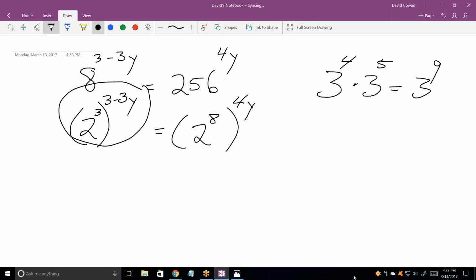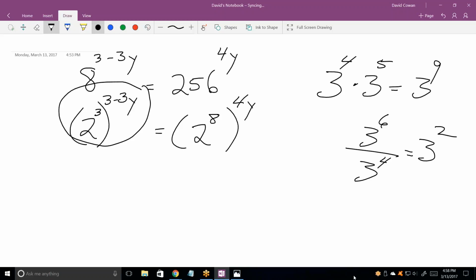Which is one level less than multiplication, notice. If I have division going on, 3 to the 6th divided by 3 to the 4th, I subtract the exponents. Subtraction is one level less than division.